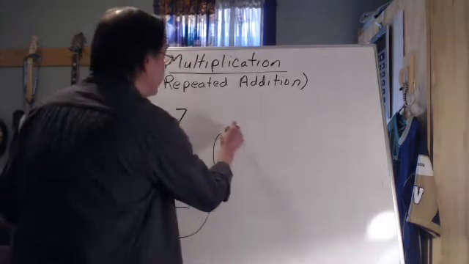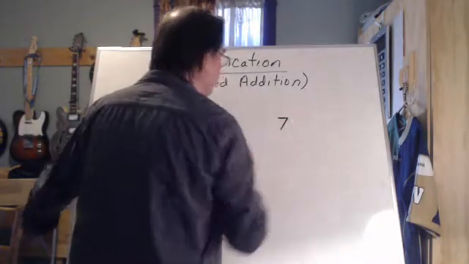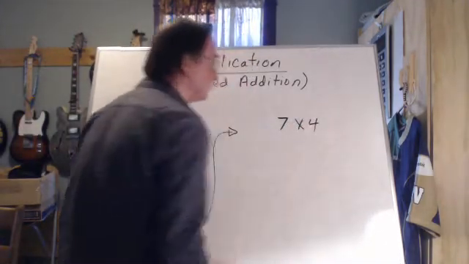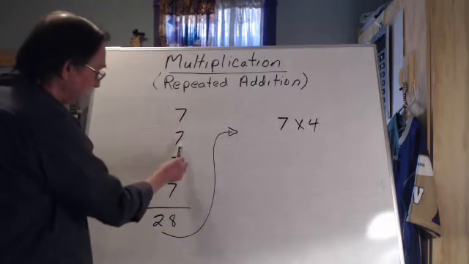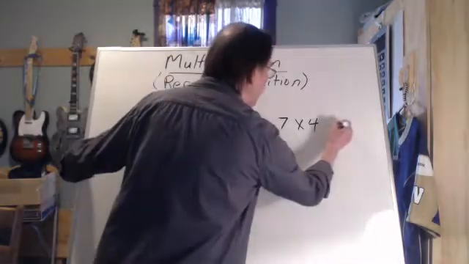And I could also do this. I could go 7 times 4. Where does the 4 come from? Oh, I got 4 of them. 4 sevens right there. And 7 times 4 is 28.